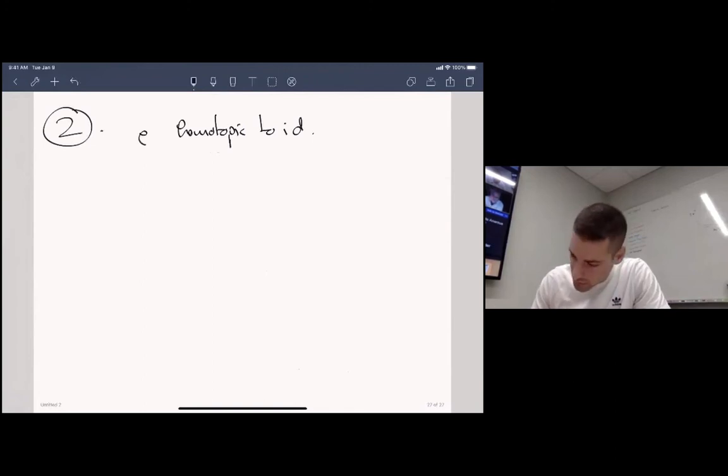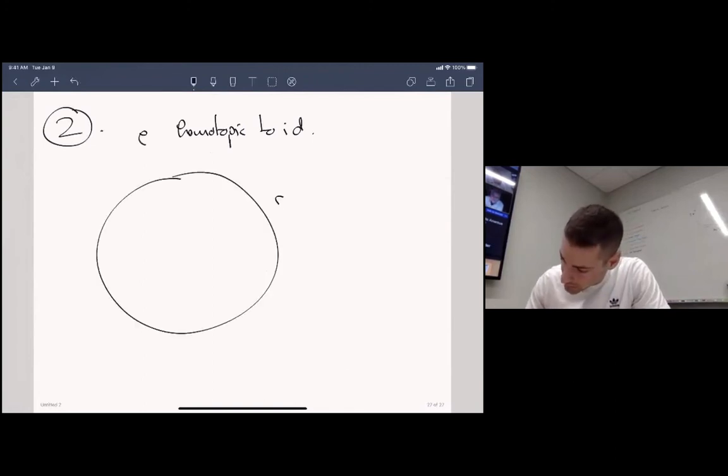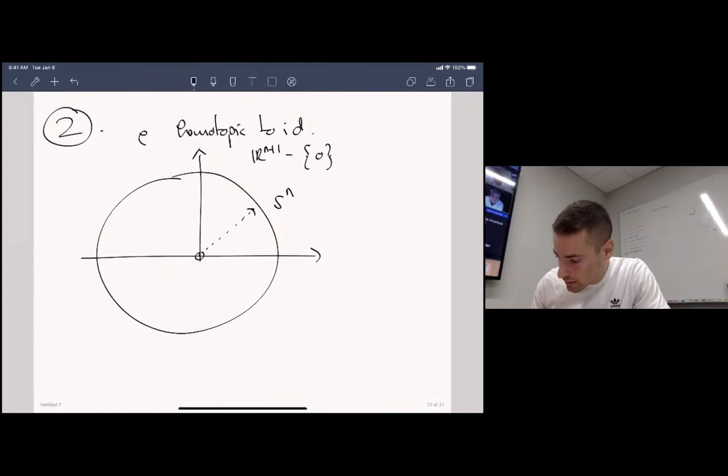A great example is the sphere S^n in R^(n+1), where I take R^(n+1) minus the origin. This point is excised, and then I take every point and flow it to the boundary. If you want a precise homotopy, that's a continuous map, I can give you the following homotopy.